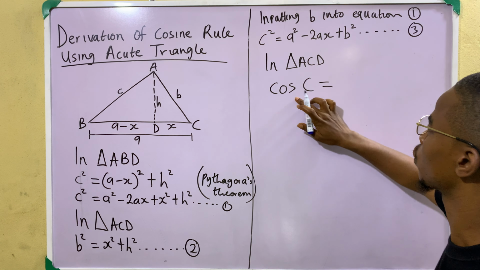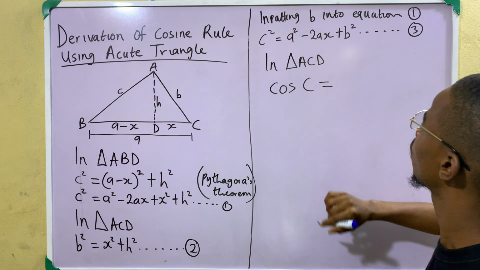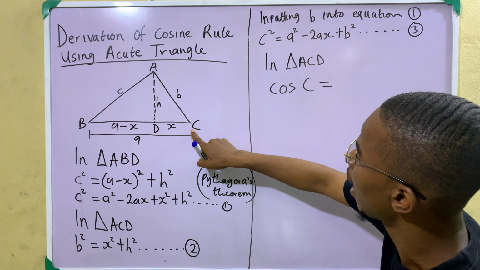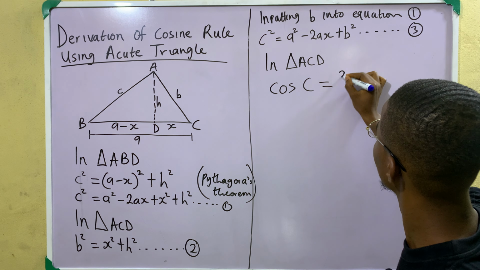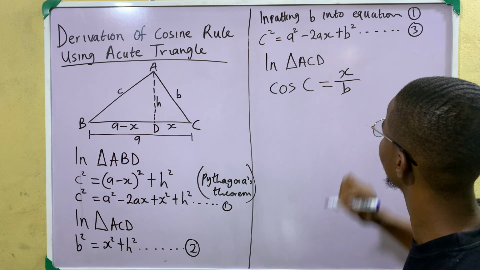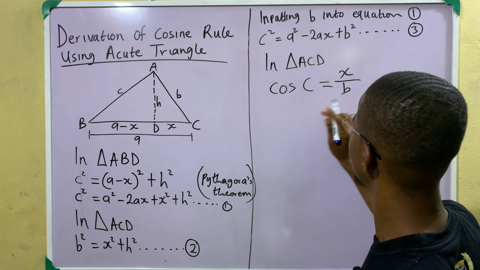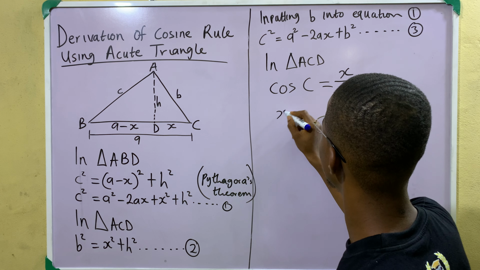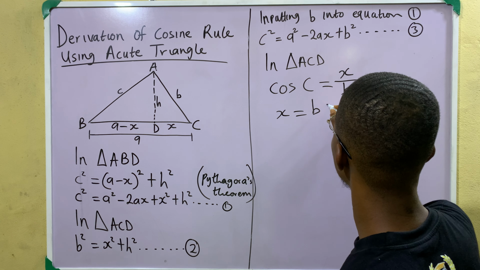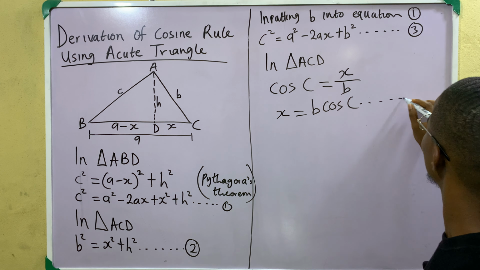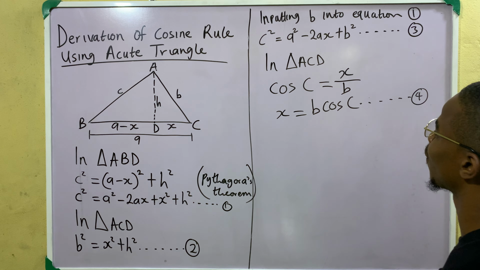So for CAH, which is for cos, we have this equal to, what's the adjacent? X. What's the hypotenuse? b. So this simply means X is equal to b multiplied by cos C. Let's call this equation 4.